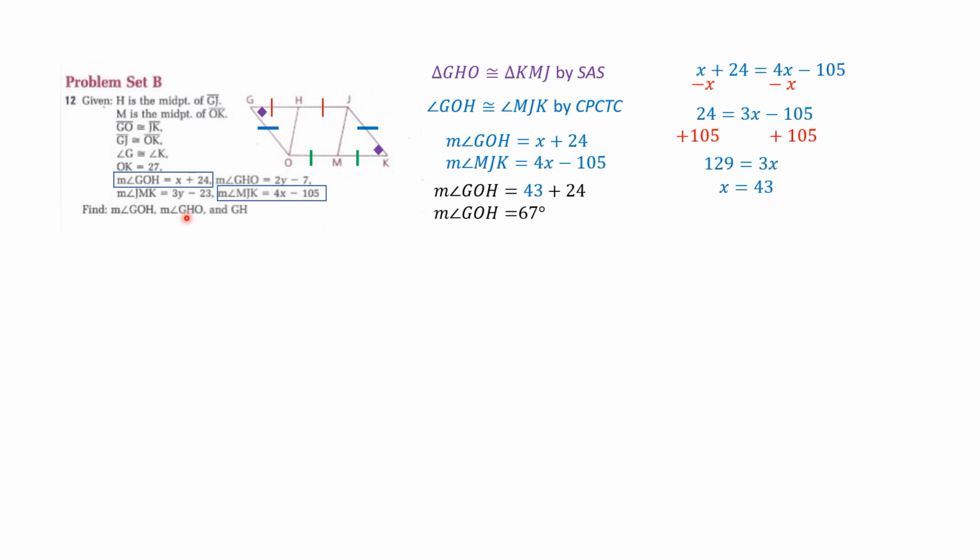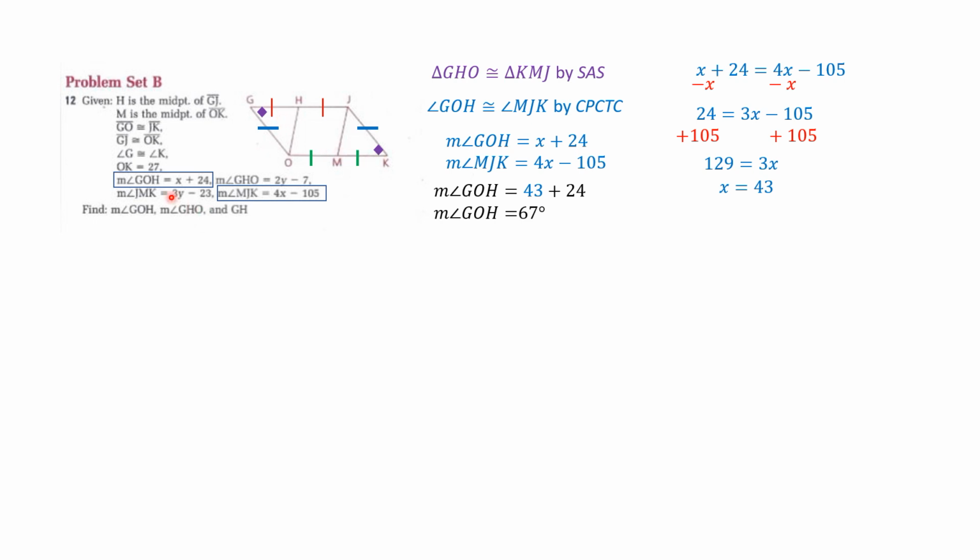Now they ask us for the measure of angle GHO. GHO is also in this triangle, and it is the only angle I haven't talked about having a corresponding part. So GHO corresponds to KMJ in this triangle. You can see it's next to the congruent angle inside, and this is next to the congruent angle inside, so they correspond.